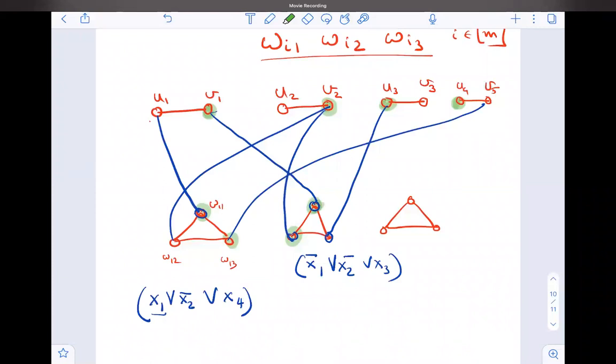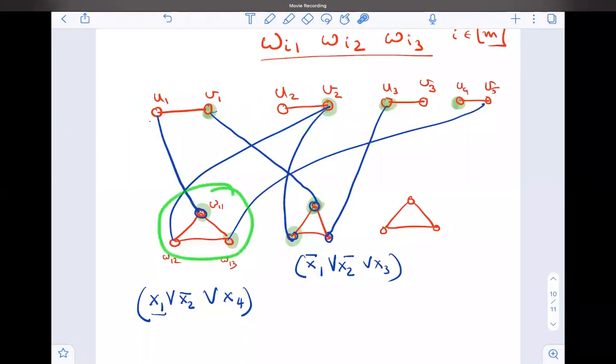Now let's see: is this a vertex cover? First of all, note that all these horizontal edges are covered, because in every clause, at least one of the variables has been set to true, by definition.